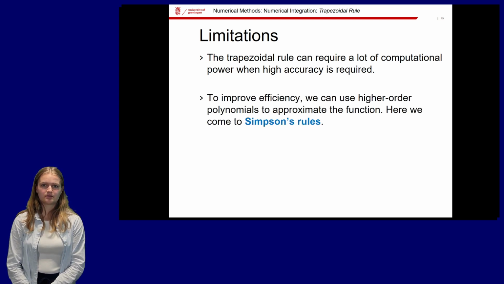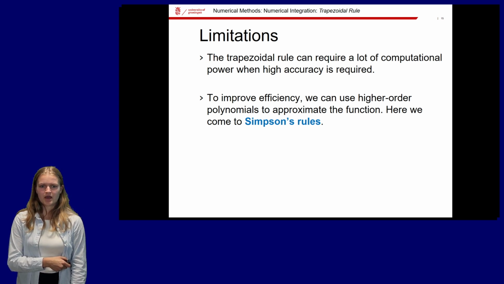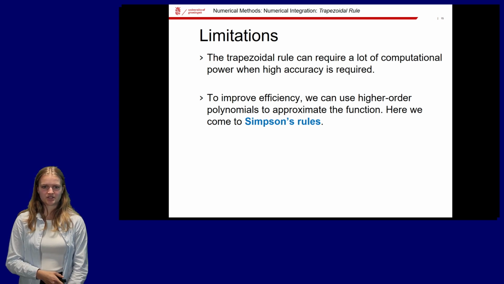So instead, another way to improve efficiency is to use higher order polynomials to approximate the function that is to be integrated. And then we come to the higher order Newton-Cotes formulas that I will be discussing in the next video, which are the Simpson's rules.